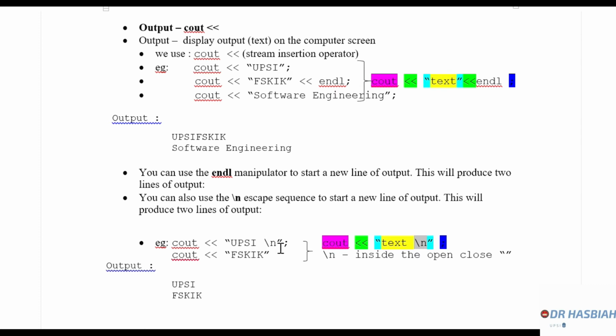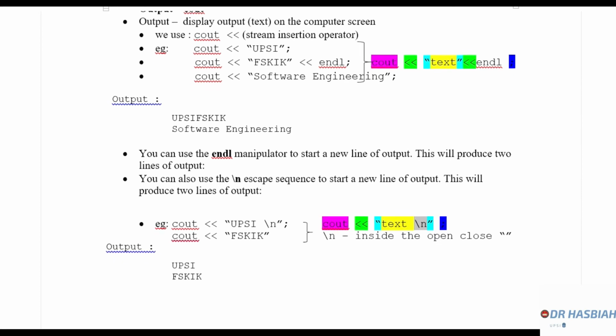Slash n we put before we close the double quote. But endl we put after we close the double quote, and then you have to add the double bracket here. Then you put the word endl. So this is the slash n and endl.